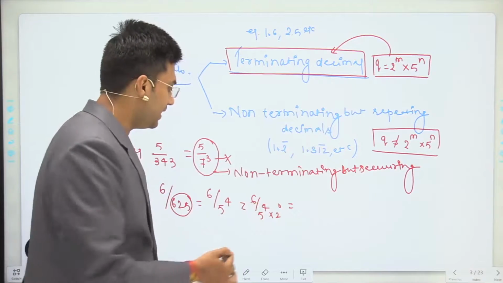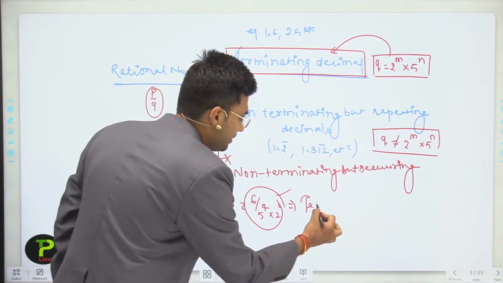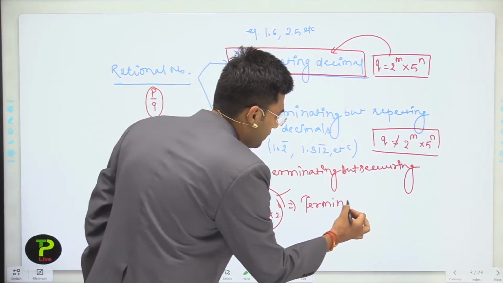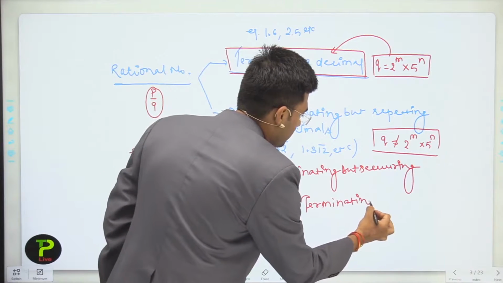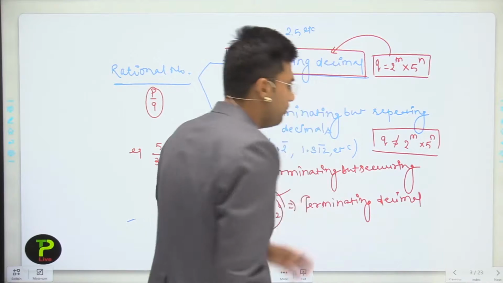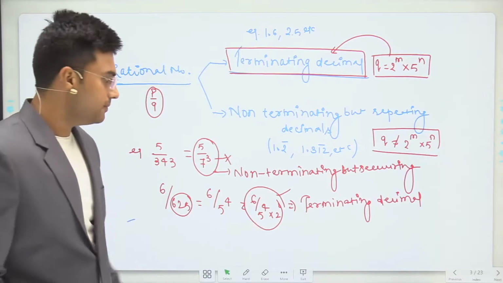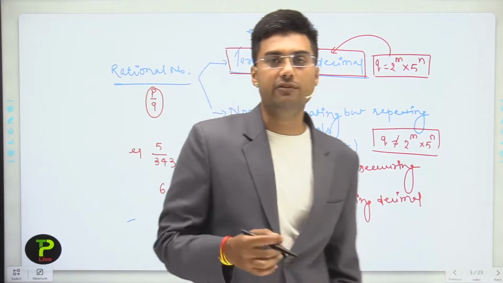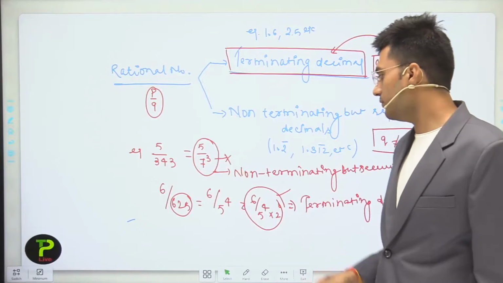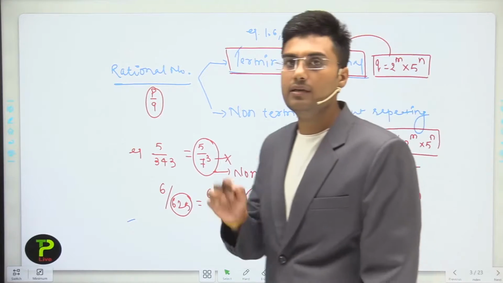So we can say that this is a terminating decimal. Both the examples are for rational numbers, but the decimal representation is different for both. One is non-terminating but recurring, and the second is a terminating decimal.